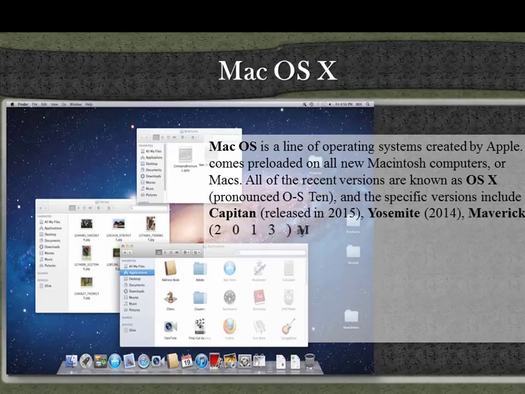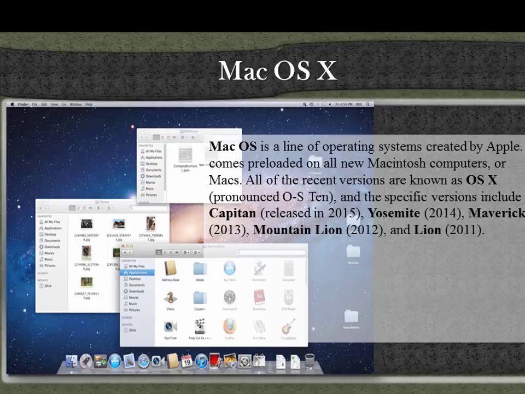This one was created by the company we call Apple, and it comes preloaded on all new Macintosh computers. Remember, you have two types of computers: personal computers and Macintosh computers. When you buy a Macintosh computer, it will come preloaded with Mac OS X. They are also commonly known as Macs.